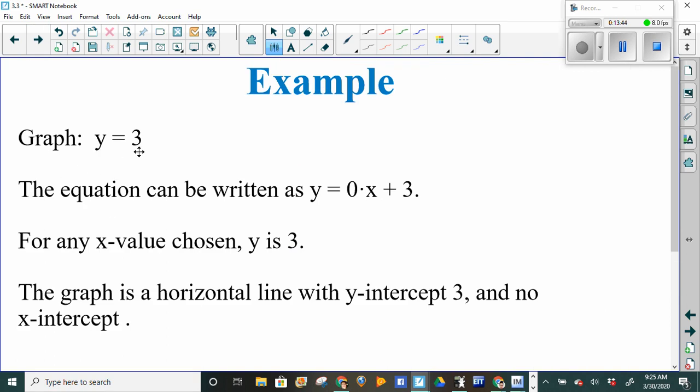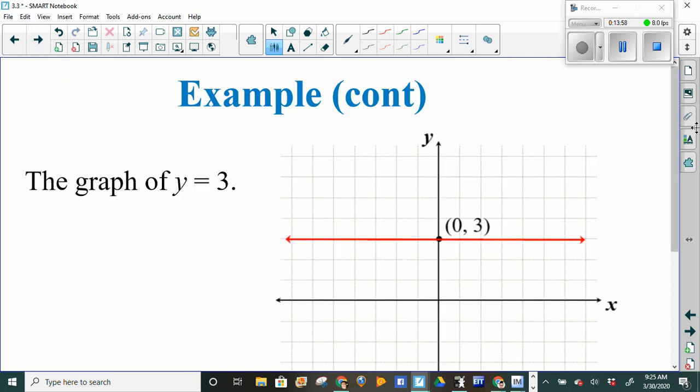If you graph y equals 3, it can be written as y equals 0 times x. So no matter what value we choose for x, it's always going to be multiplied by 0, so it's going to cancel out. So now, since we're looking at y equals 3, you go to the y-axis, you find 3, and now you draw a horizontal line, Vux, Hoy.